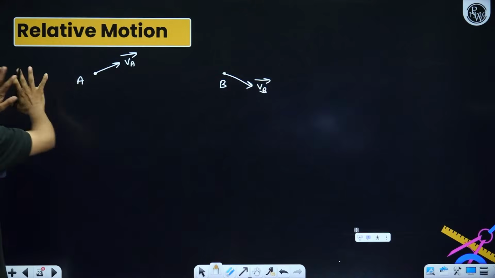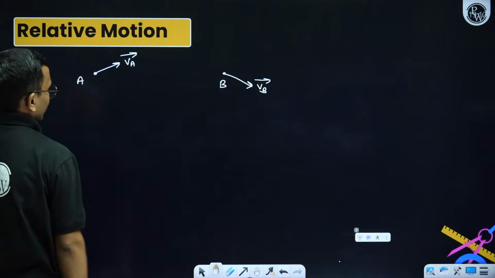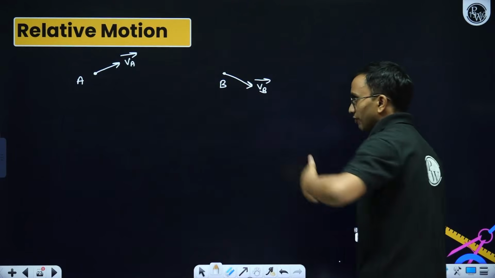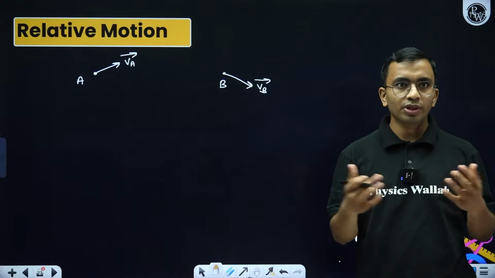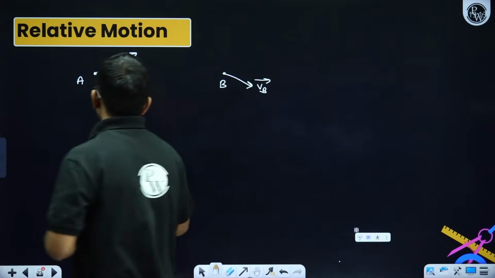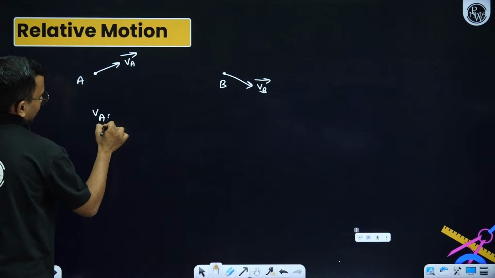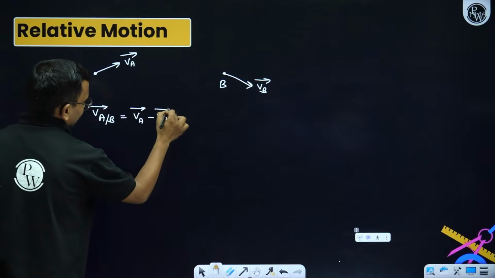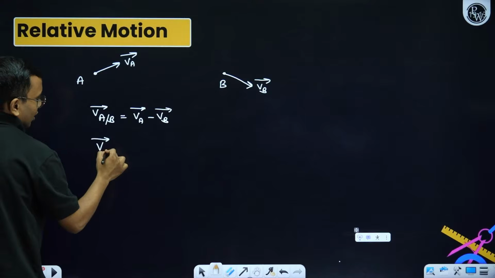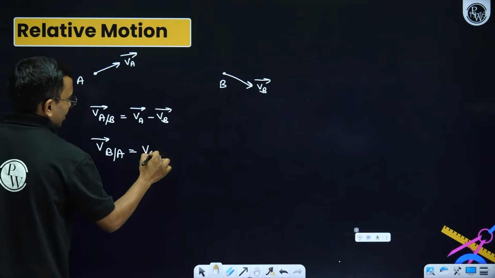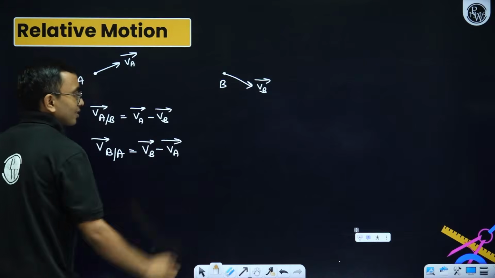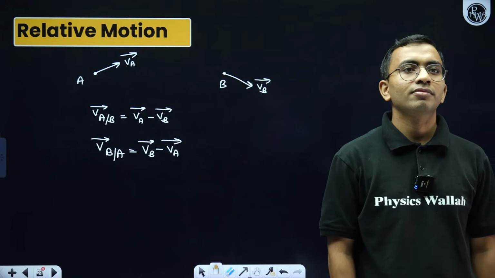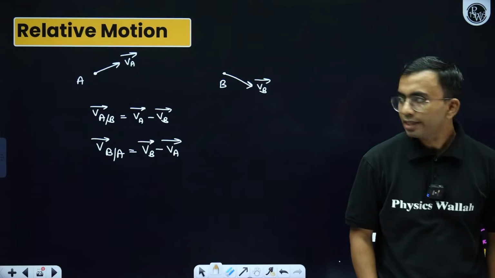If you sit on A and observe B, you will see the velocity of B with respect to A. If you sit on B and observe A, you will see the velocity of A with respect to B. So the velocity of A with respect to B is velocity of A minus velocity of B. Or the velocity of B with respect to A will be velocity of B minus velocity of A. Clear?